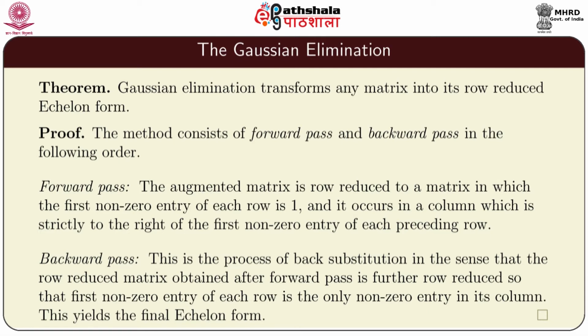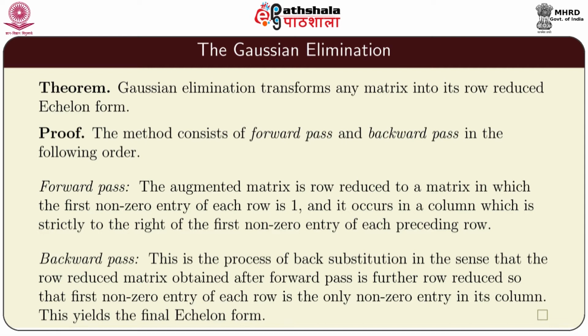That means if, let us say, the first row and also the second row are non-zero rows, and if the first non-zero entry of the first row is placed in the fourth column of the matrix, then the first non-zero entry of the second row should be placed in the fifth column or afterwards. So, that is precisely what we mean by it occurring in a column which is strictly to the right of the first non-zero entry of each preceding row.